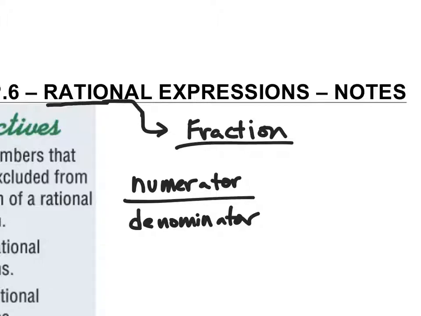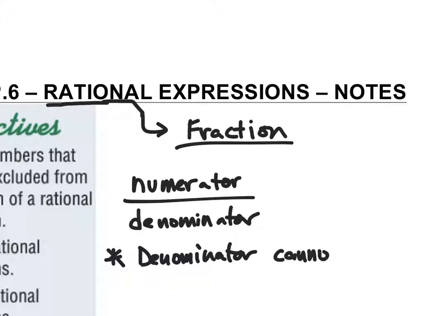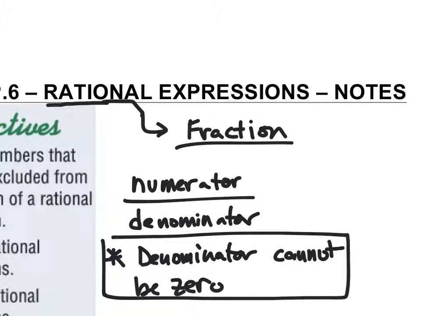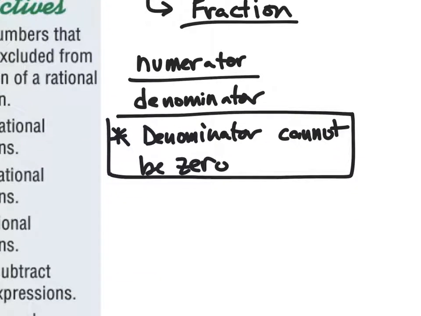The one key component about the denominator, and this is extremely important, is that the denominator cannot be 0. That is really important. If the denominator is 0, you can't divide by 0.